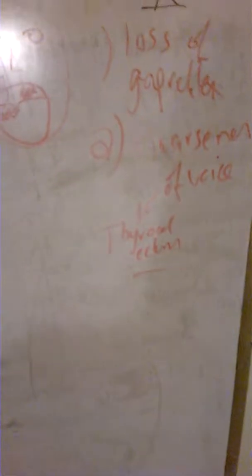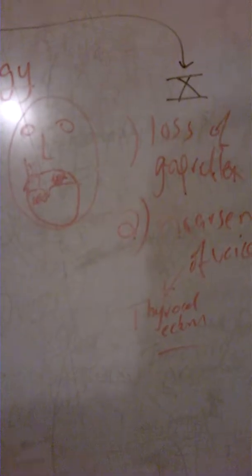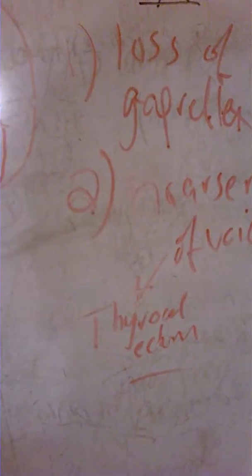Thyroidectomy, you're absolutely correct, because the recurrent laryngeal nerve, which is a branch of the 10th nerve, actually passes very near the thyroid gland. So if you remove the thyroid gland, there is every possibility this nerve is going to be damaged.